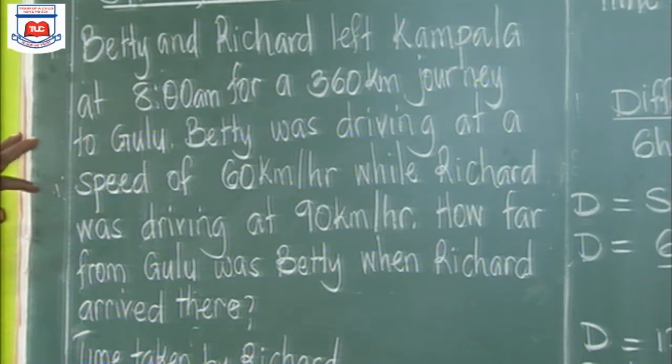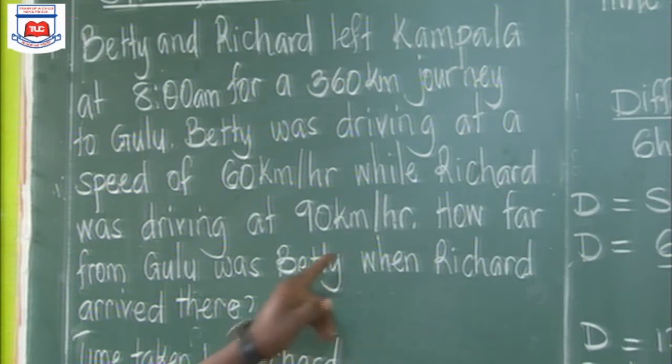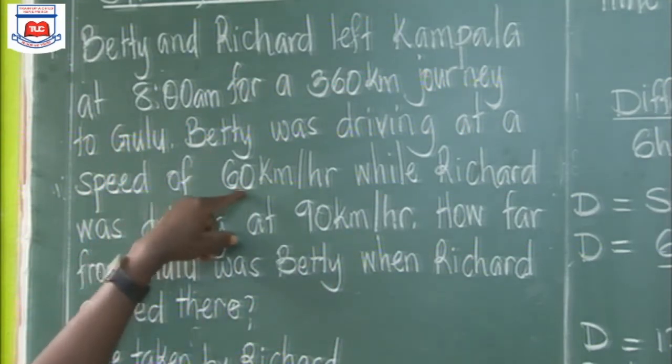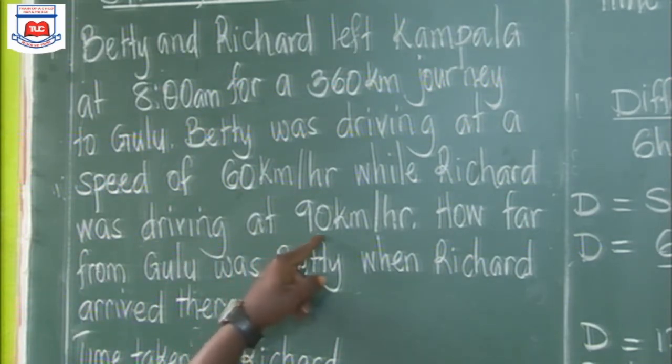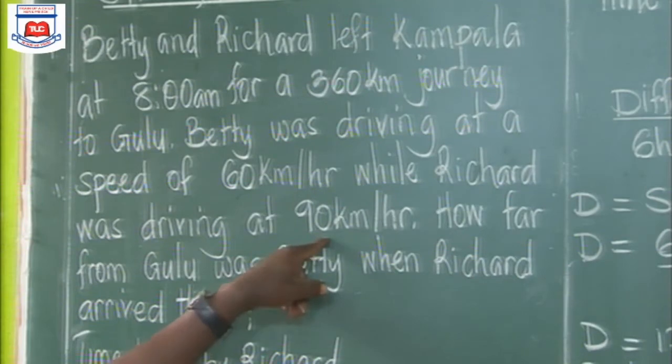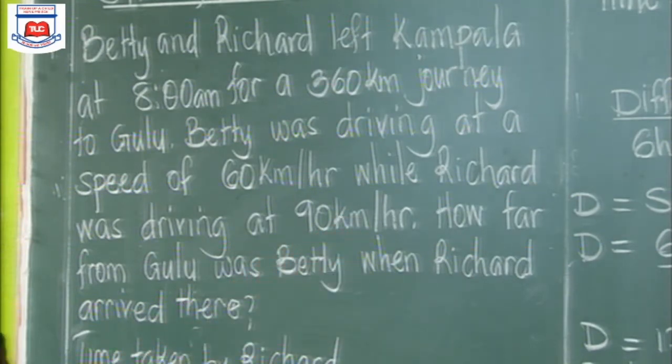Therefore, much as they are going to start at the same time, Betty and Richard, heading for Gulu from Kampala, doing a 360 kilometer journey, Richard, who drives at a higher speed, will reach earlier than Betty, who drives at 60 kilometers per hour compared to Richard that moves at 90 kilometers per hour.